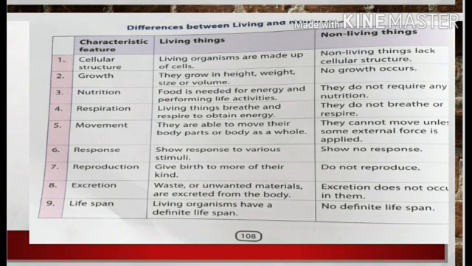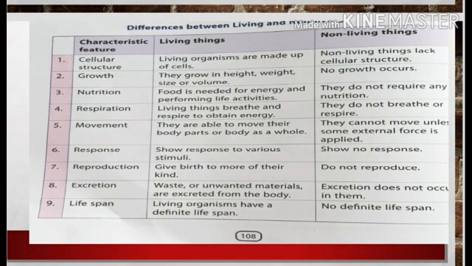Next one is response. All living things respond to various stimuli. There is no such response from non-living things. Reproduction, living things give birth to more of their kind but non-living things do not reproduce.